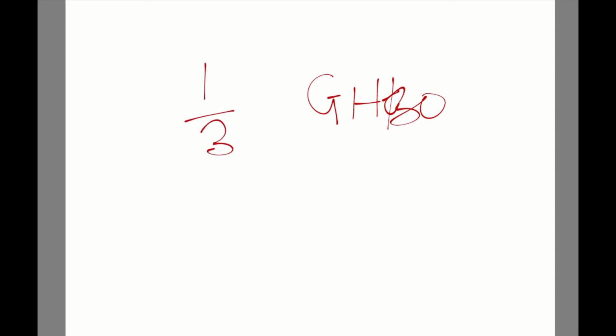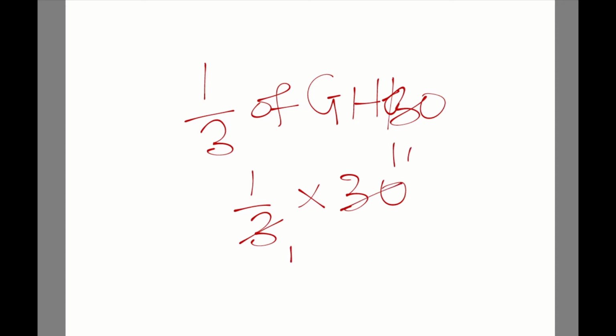So if we have a quantity, say 30 Ghana cedis, and we are finding 1/3 of 30 Ghana cedis, we multiply 1/3 by 30 Ghana cedis, and that gives us 10 Ghana cedis.